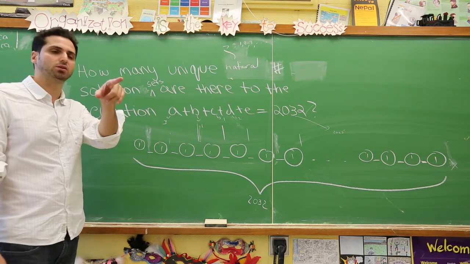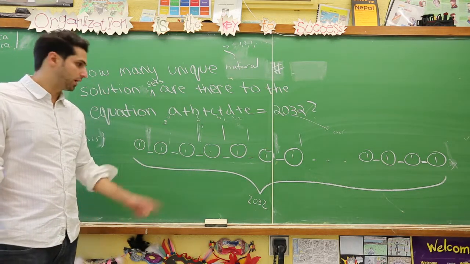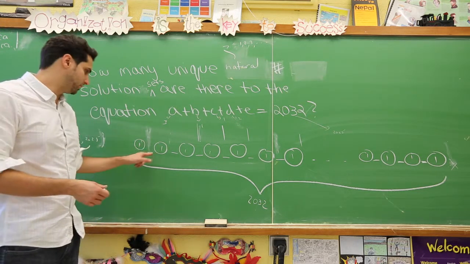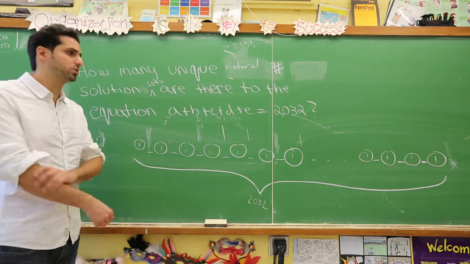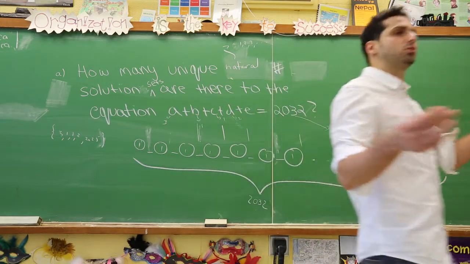But now how many, Aaron, slots do we have? 4 or 5. Slots? Yeah. 5. How many boulders are there? 2032. And so then how many? 2031 slots. 2031 slots, right? So you have 2031 slots.